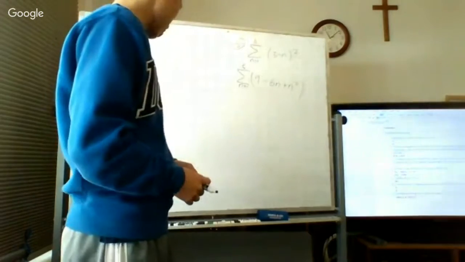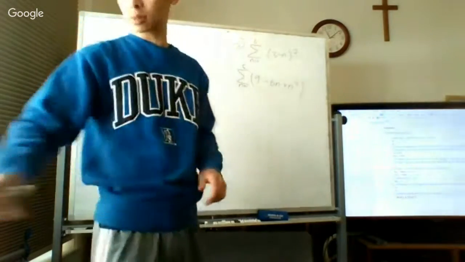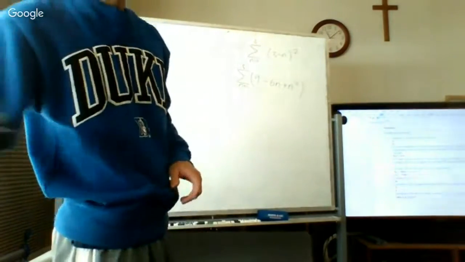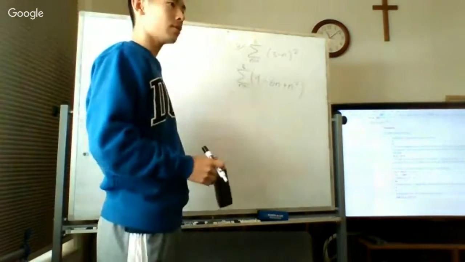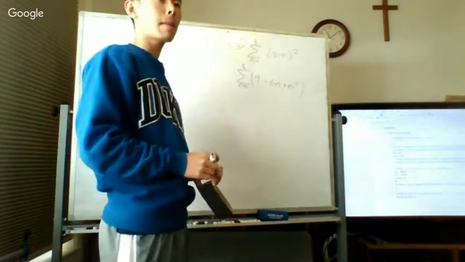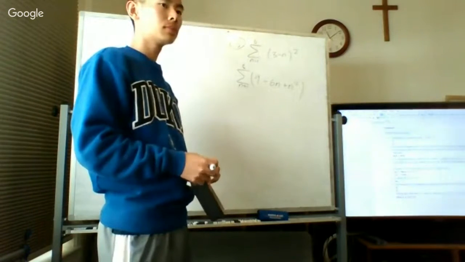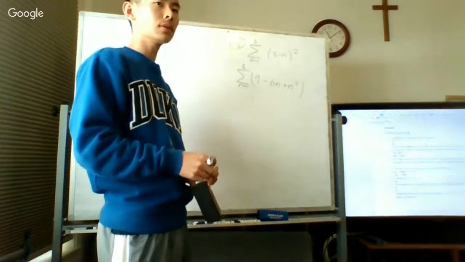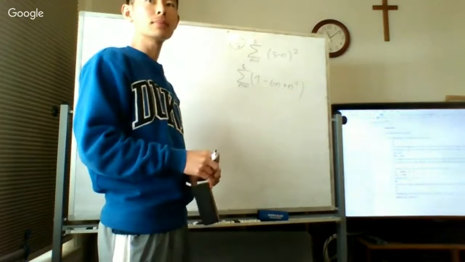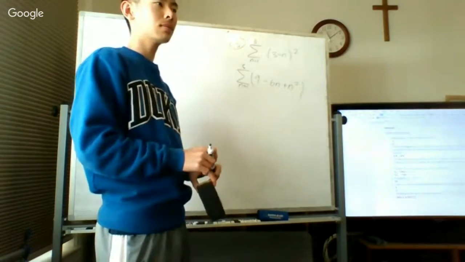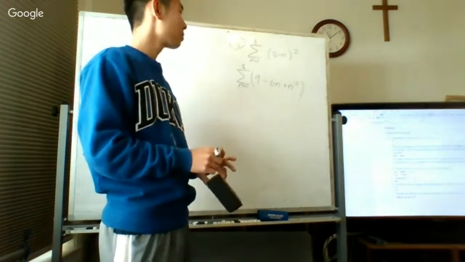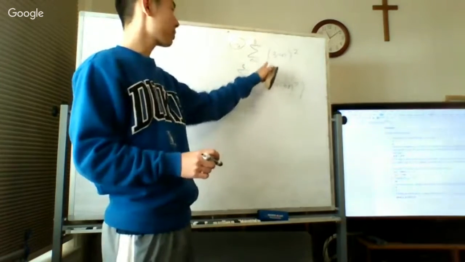What can we do after? You guys had something like this we did together in class, right? So does anyone remember? We already came from this step to this step.